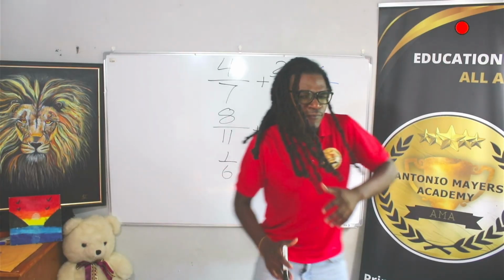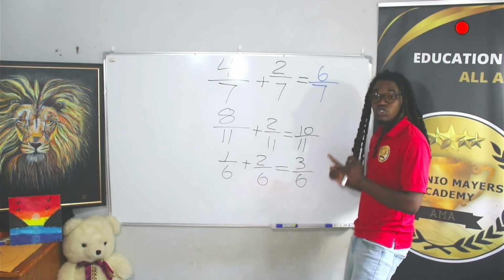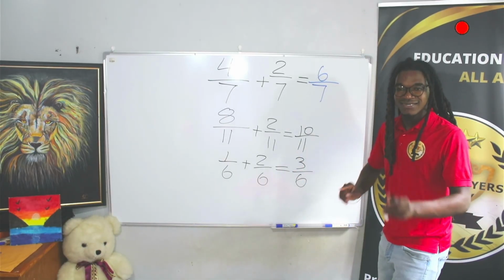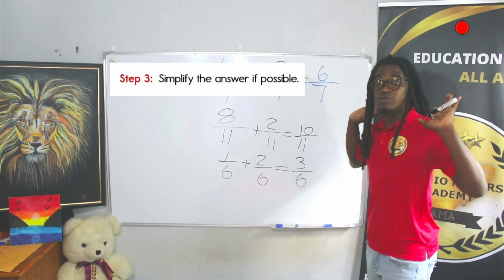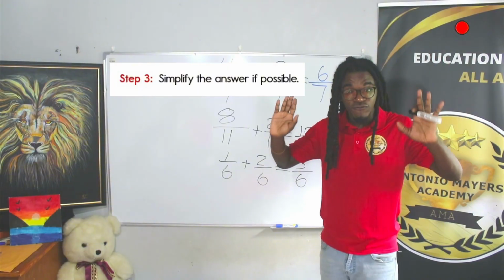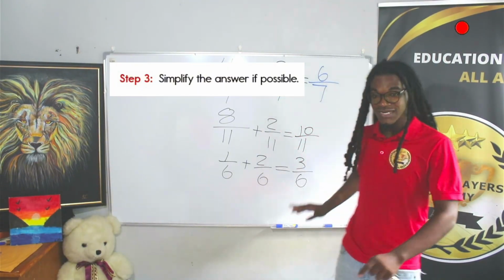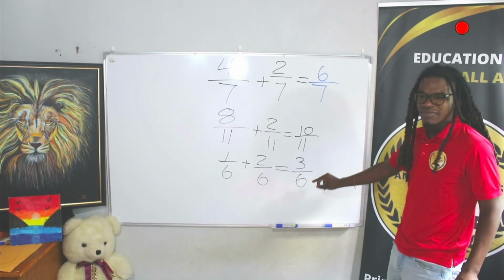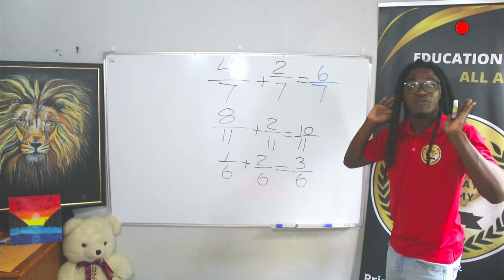Because when you look at the 3 over 6, this right here could reduce, meaning the 3 and the 6 could divide into each other. You see the people who make up fractions, they don't like big numbers at all. So if you can make the number small, they will be happy. So if you look at the 3 and the 6, both of these numbers could be divided by 3 and not have any remainder.